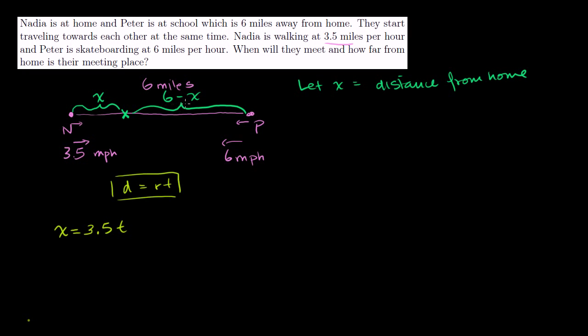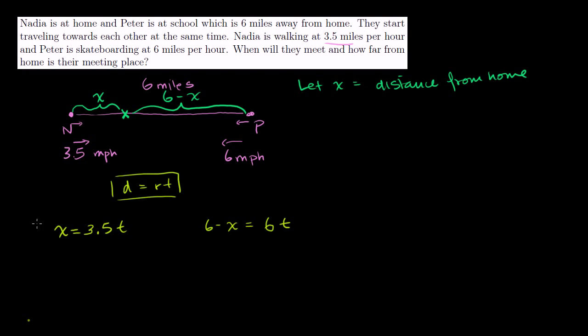And then Peter's equation is going to be his distance. Well, he travels 6 minus x miles. So 6 minus x is going to be equal to his rate, which is 6 miles per hour, times the time he travels. Well, he also travels t hours. So we have two equations in two unknowns, so we can solve for them.